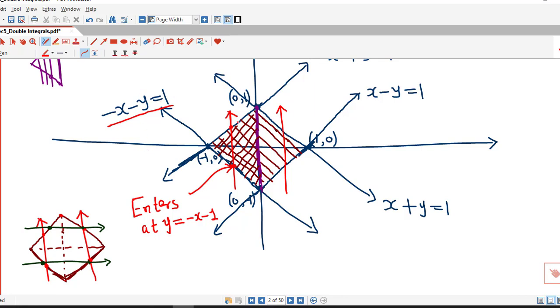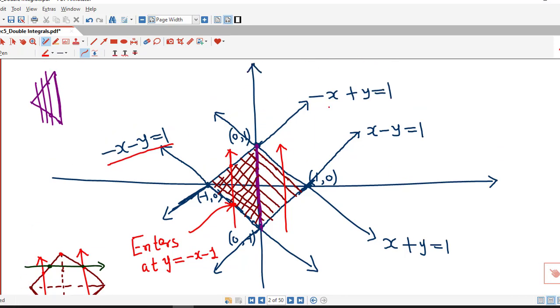Now this point is on this line, so from this we obtain y equals 1 plus x. So we can write that it leaves at y equals 1 plus x.